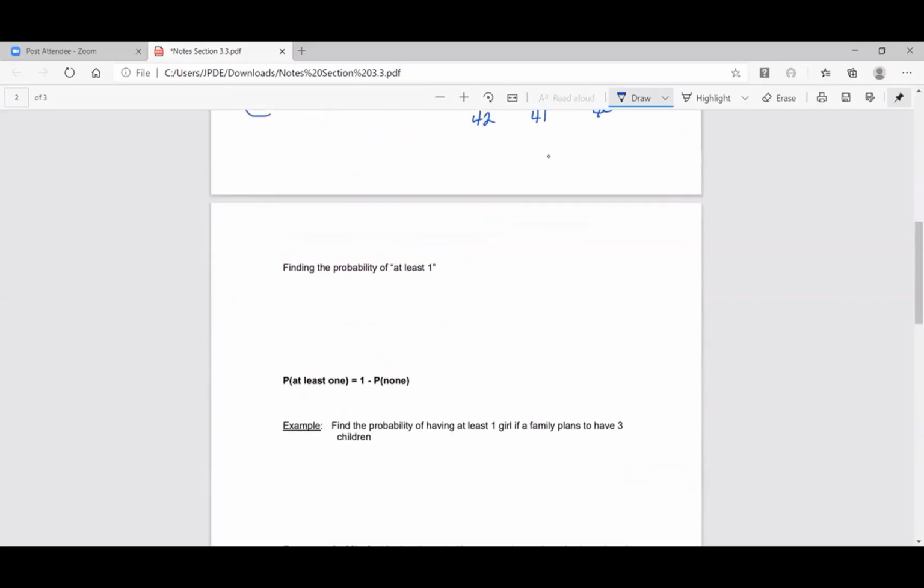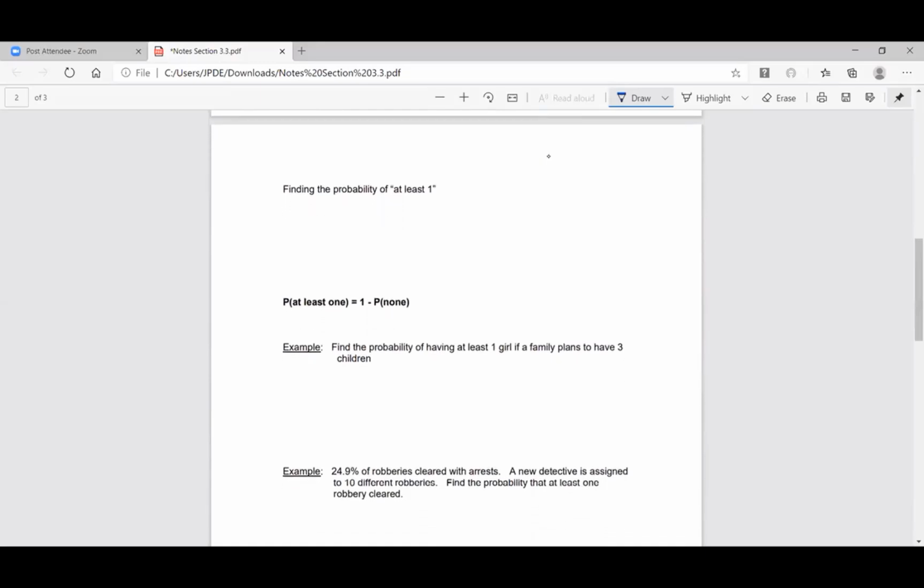Okay, this next thing is not in the book, at least at this point in time, and I want to make sure you learn this. So this is something that we would typically discuss, and it's finding the probability of at least one.